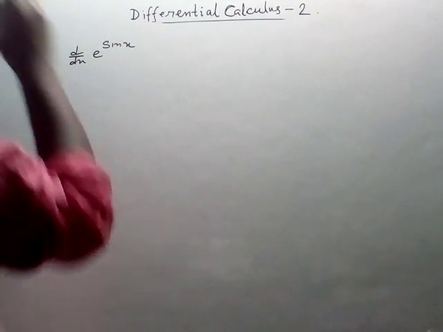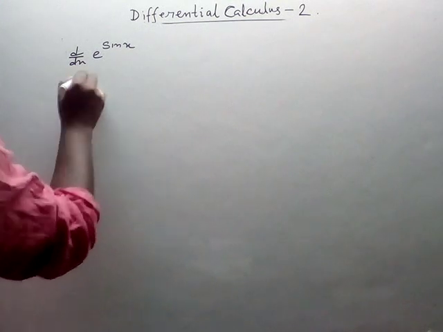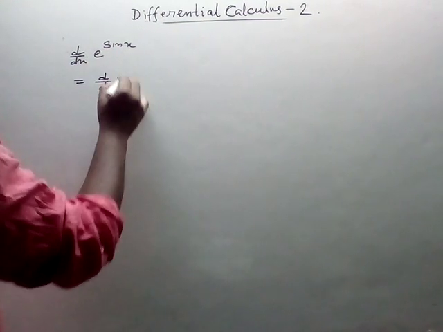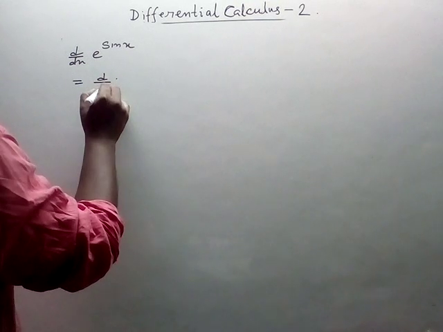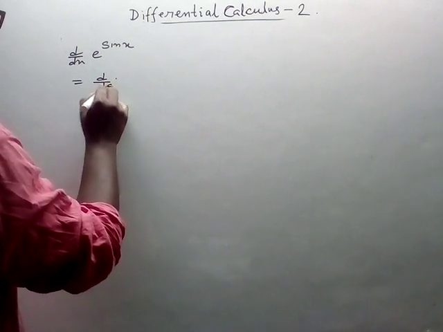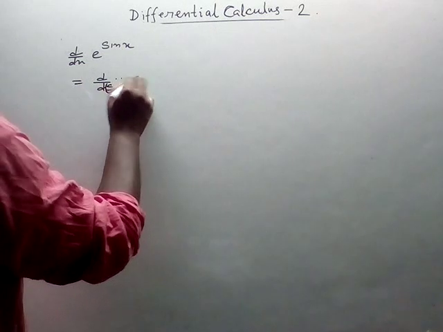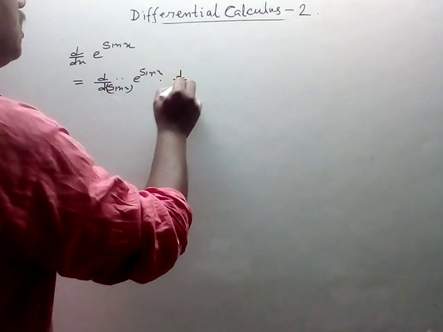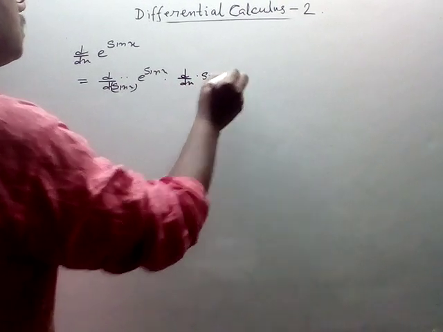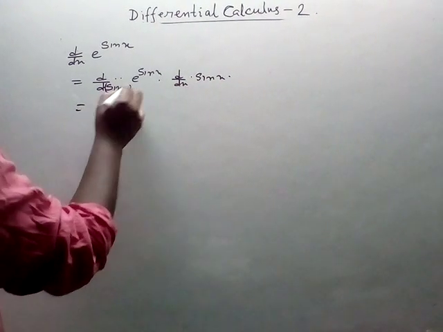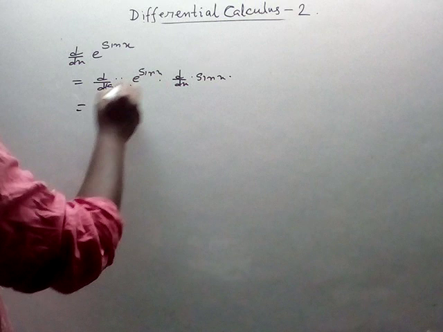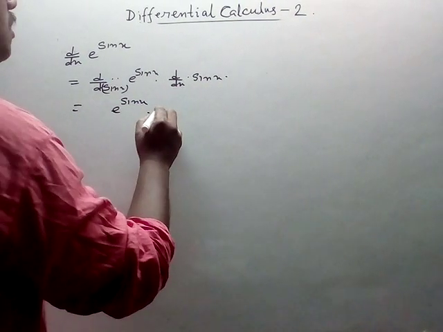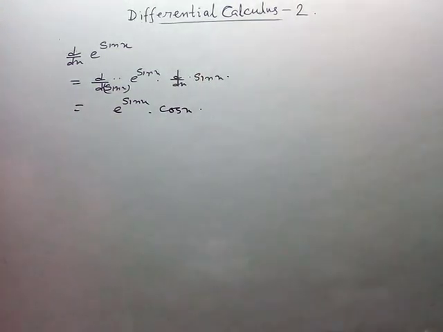So we can write this as d/d(sin x) of e power sin x, where g(x) is sin x, into d/dx of sin x. Then the derivative of e power sin x with respect to sin x is e power sin x, and the derivative of sin x is cos x.